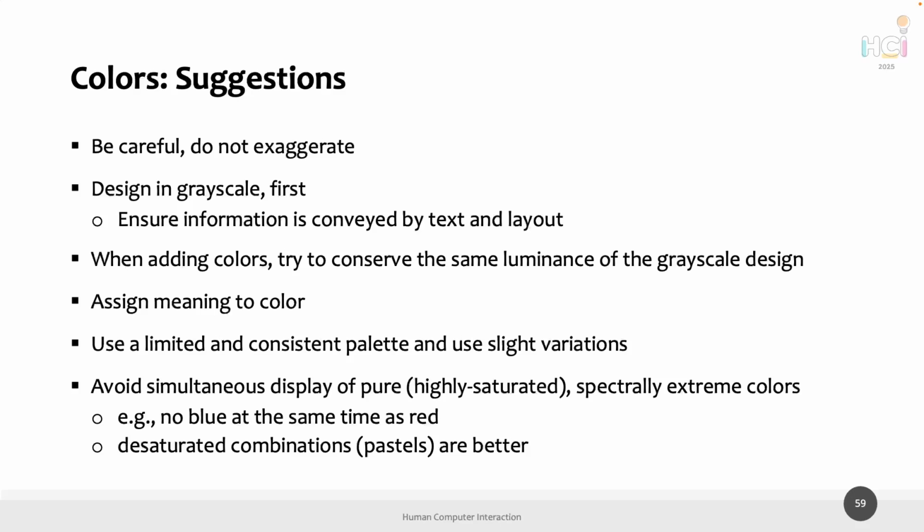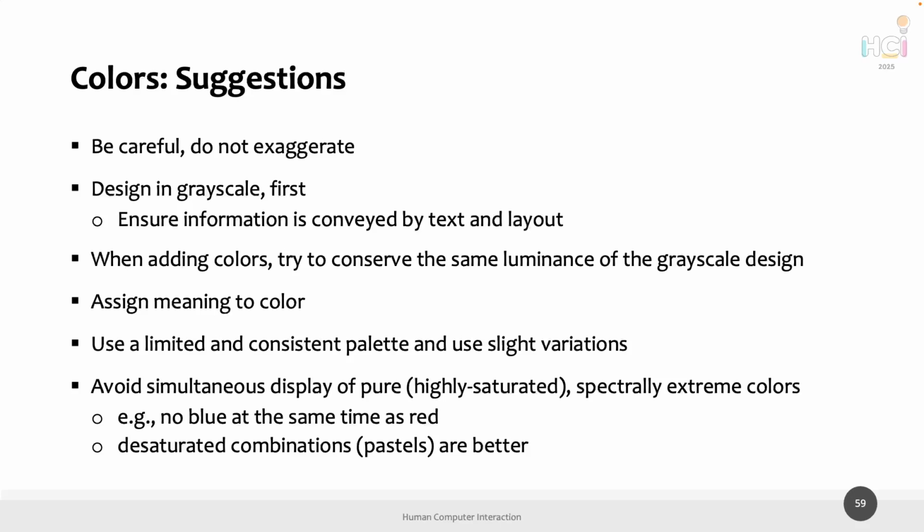It's important to assign meaning to colors. For example, in our application, maybe the primary action is always the same color, then the secondary action is another color. And we don't mix this kind of colors. Then another suggestion, try to use a limited and consistent palette.